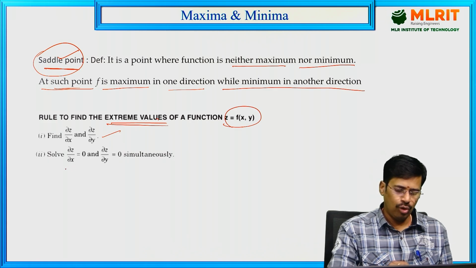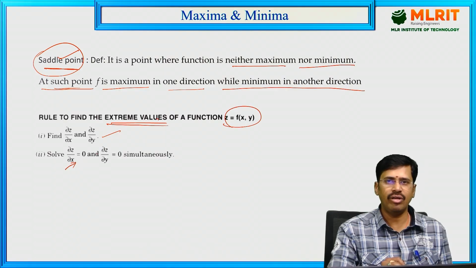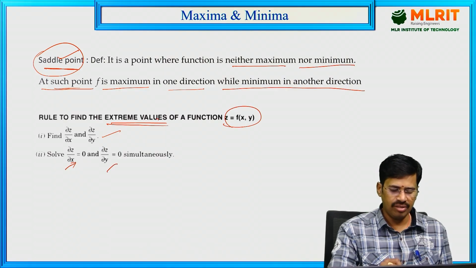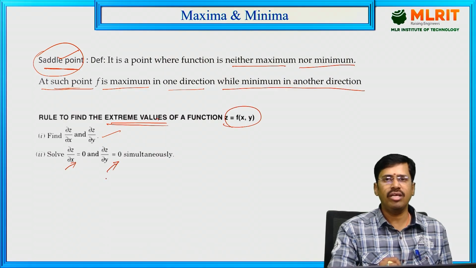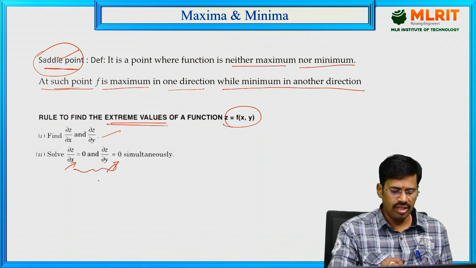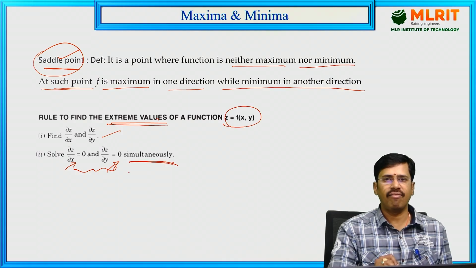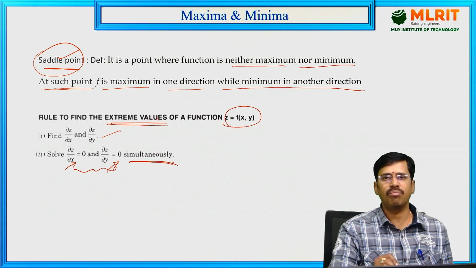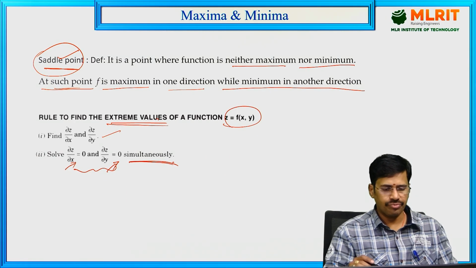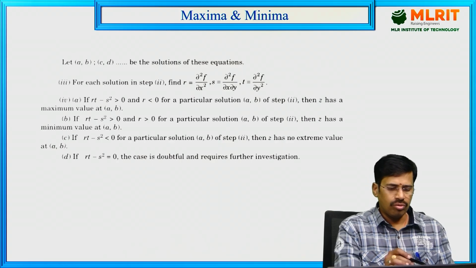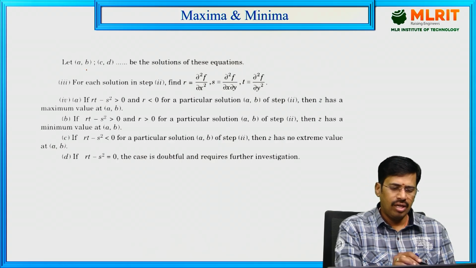Equate dou z by dou x to 0, we get one equation, and equate dou z by dou y to 0, we get another equation. By solving these two equations, we get the values of x and y at which we find maximum or minimum value. So these are the points.